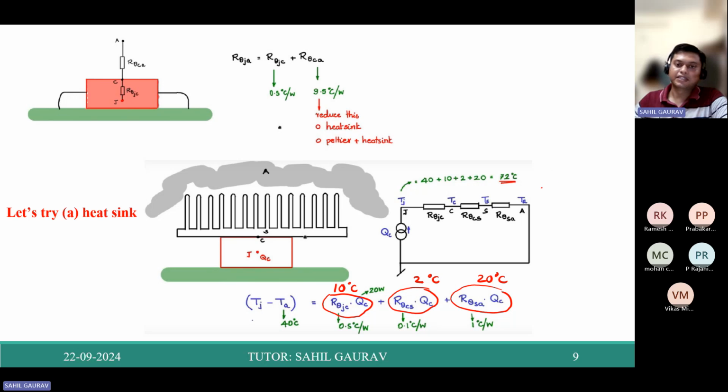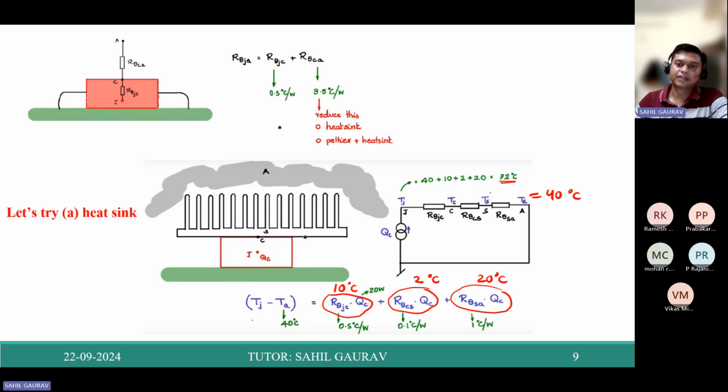If the ambient temperature is given as 40 degrees Celsius, then this will come as 40 plus 10 plus 2 plus 20, that is 72 degrees Celsius. So you can also write Ts, Tc and Tj.